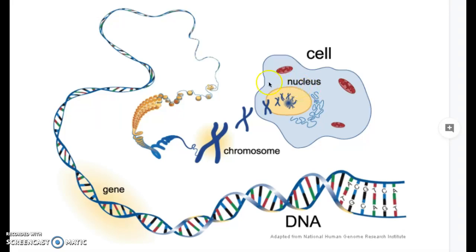Okay, so inside the nucleus, our genetic information is stored as these things called chromosomes. You've probably seen them and heard about them. They're these little X-shaped things. But really what a chromosome is, is just a bunch of wound up DNA threads. So kind of like thread would be on a spool, like wrapped up yarn.